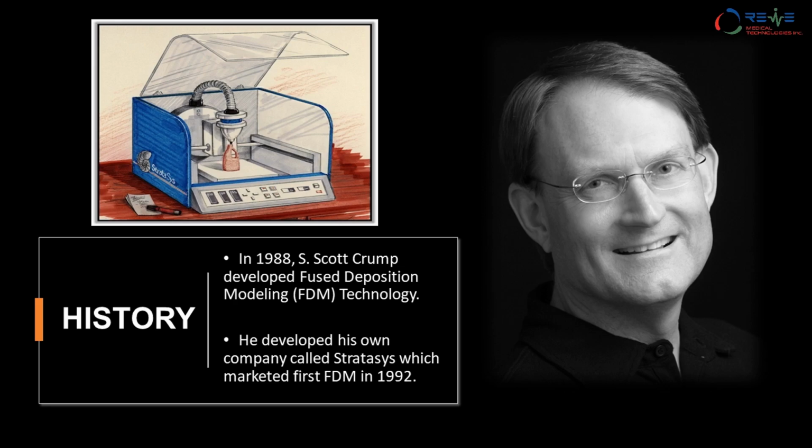Now comes Scott Crump. Mr. Scott Crump is one of the most important persons in this whole endeavor, because he established FDM printing, fused deposition modeling, in 1988, and he established this company called Stratasys, because they provide the biggest 3D manufacturing services in the USA and all around the world.